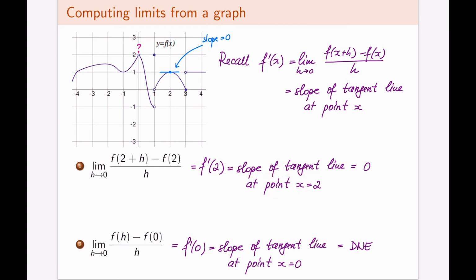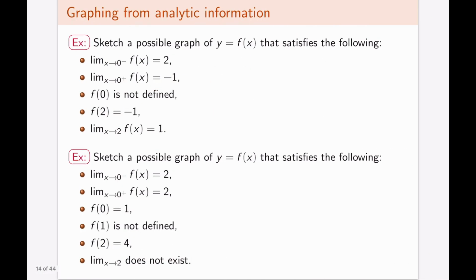Now let's take a look at sort of the backwards idea. What I have here is a bunch of information about a function, but not a graph. And what I want to do is to create a possible graph of a function. Now, the actual qualities of the function that we're given here are not going to define a very unique shape.